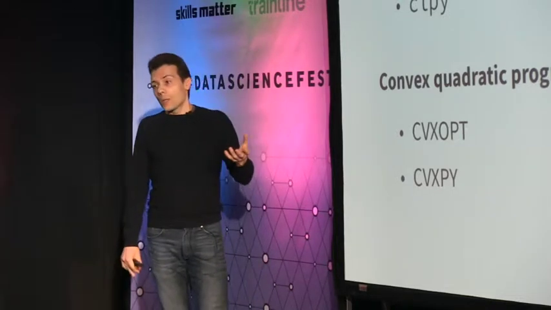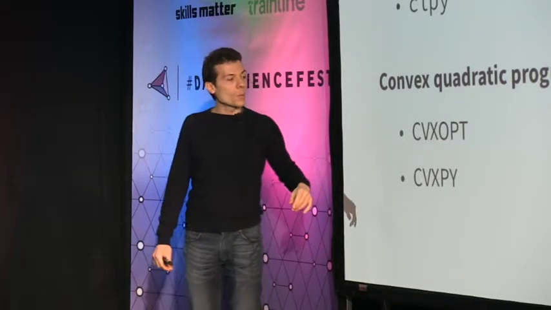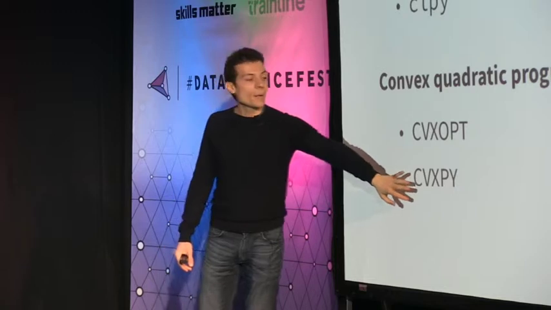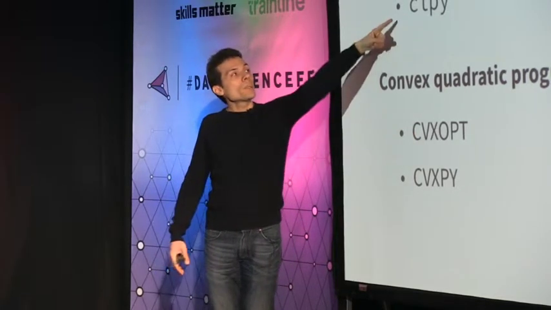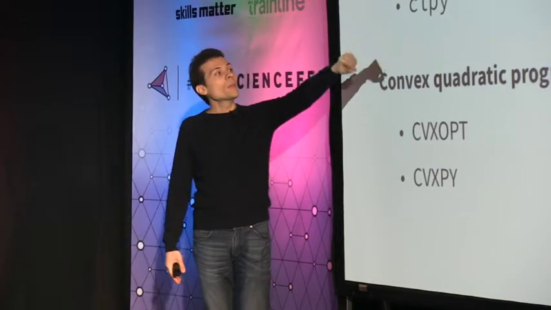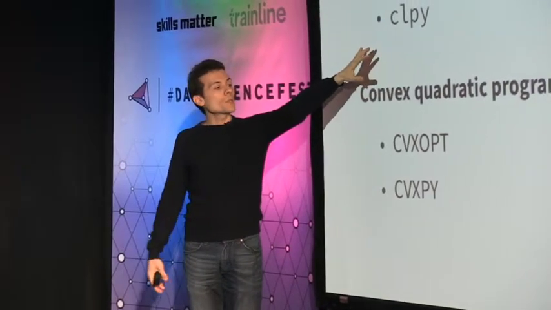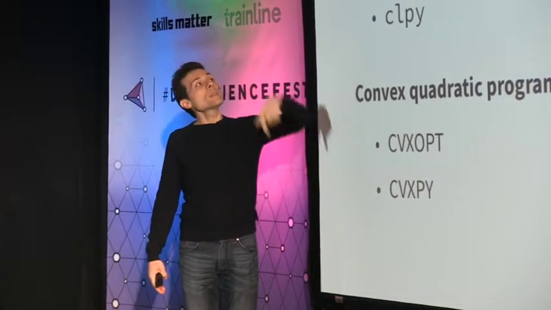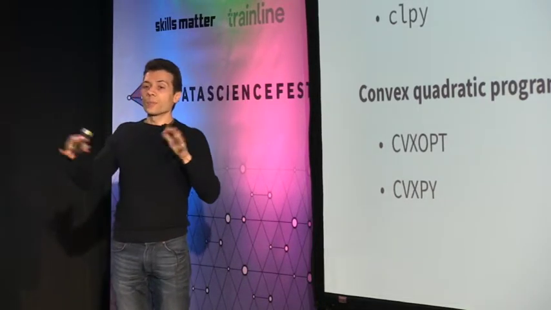If you're doing quadratic programming instead, there are two excellent libraries that are built one on the other, CVXOpt and CVXPY. CVXOpt is somewhat similar to CyLP, meaning that you need to define all your matrices, do everything yourself and pass the matrices to the solver, which will then get you the solution. CVXPY is similar to Pulp and the optimization tools from Google in that it's a very high-level interface.